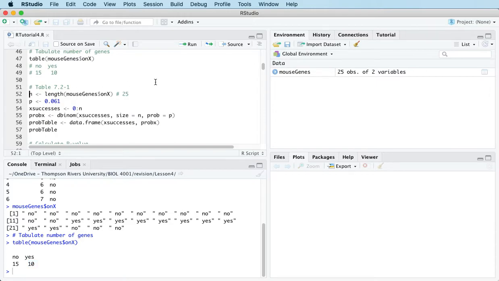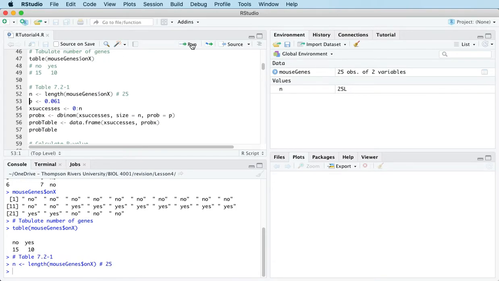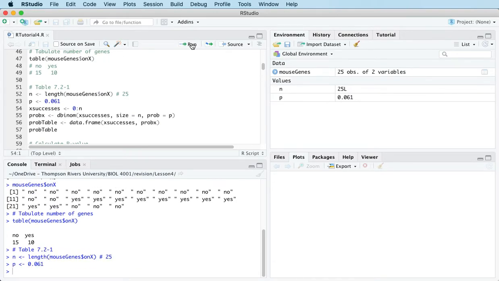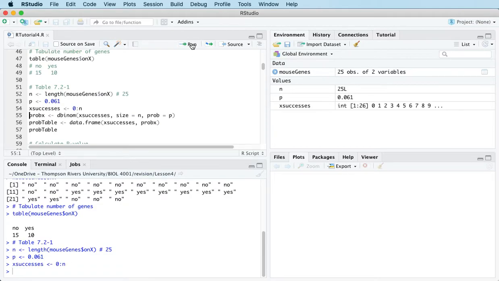So we're going to mimic some calculations that we did in the last video when we looked at calculating binomial probabilities. So n is our sample size, p is our population proportion, 0.061. X successes is a vector going from 0 up to the sample size. So I'll just show you what that looks like.